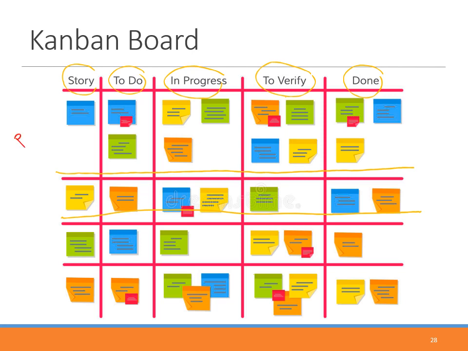So this can be project 1. This can be project number 2. This can be a lane for project number 3, number 4, and so on. Then you can move, right? You can see what the progress is, what the work to be done is for each of these projects, and so on. So very, very good.